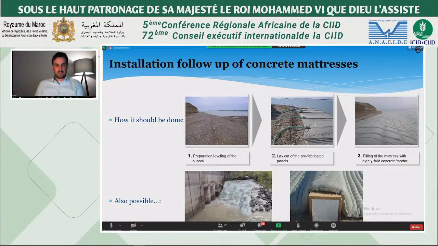Alors, la dernière photo ici de l'introduction, avant qu'on arrive à l'étude de cas, c'est le suivi d'installation de matelas en béton armé. On voit ici comment ça doit être fait. Et on voit comment le sol doit être préparé et nivelé. Et comment la matière est étalée ici avec de l'acier, comme vous voyez dans l'image.